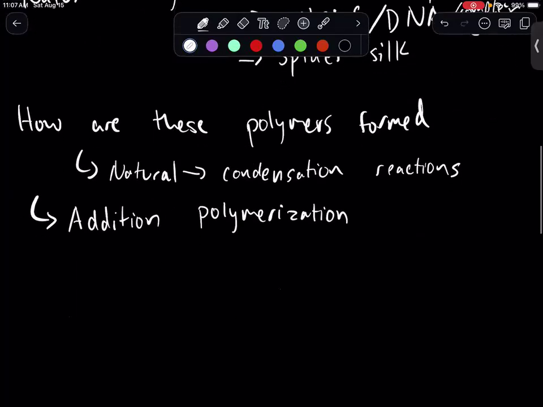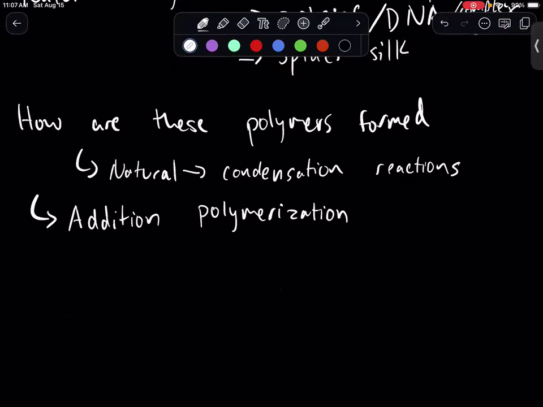Now, I use the American spelling with a Z, but you can also use an S. Addition polymerization is exactly what it sounds like. To polymerize means to make, and addition, we are adding monomers together.